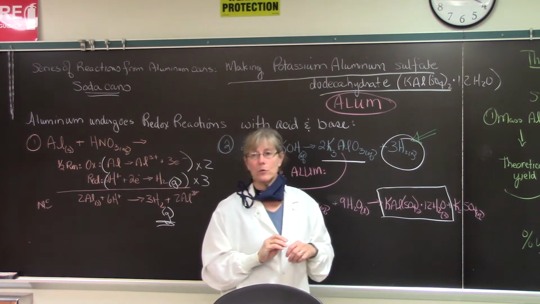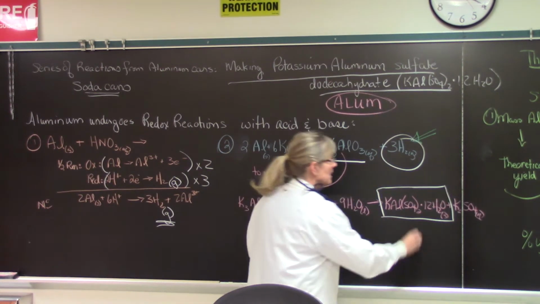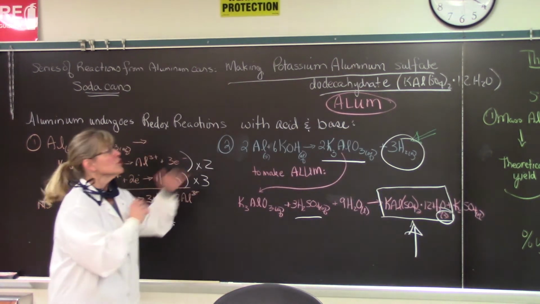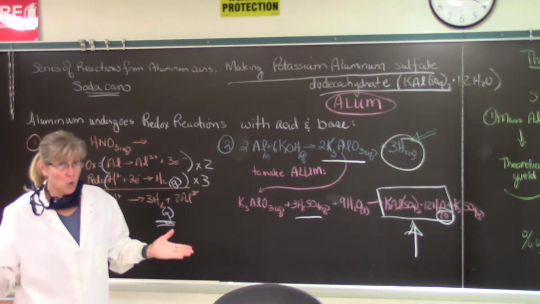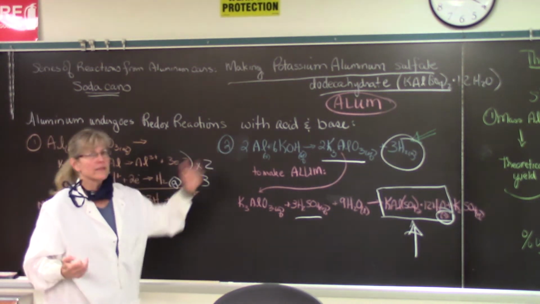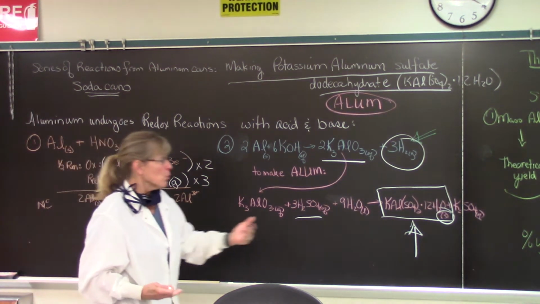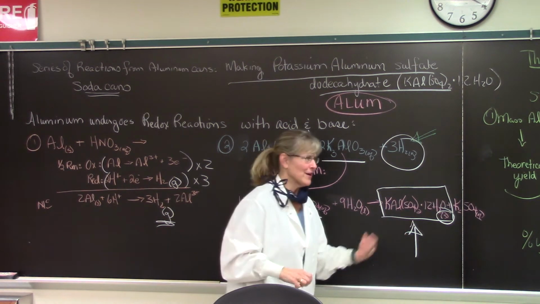And we have some aqueous K2SO4 potassium sulfate left over. So this is solid. So not only are we just going to do our first synthesis, which is cool, and see that aluminum reacts with both acid and base in redox reactions, we're also going to make some of this and do stoichiometry.